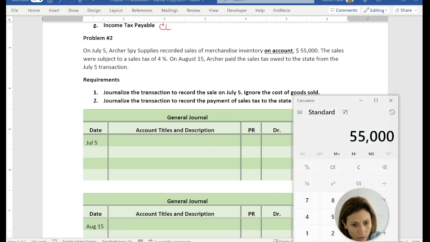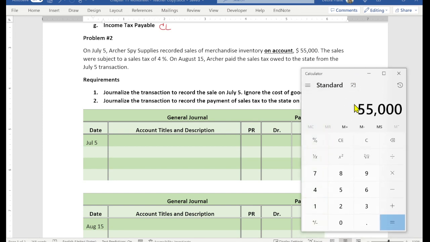There we go. Now we have more room to see things. So we have 55,000, and we're going to multiply that by 0.04 for 4%. And we can see the sales tax that we need to collect from the customer is 2,200.